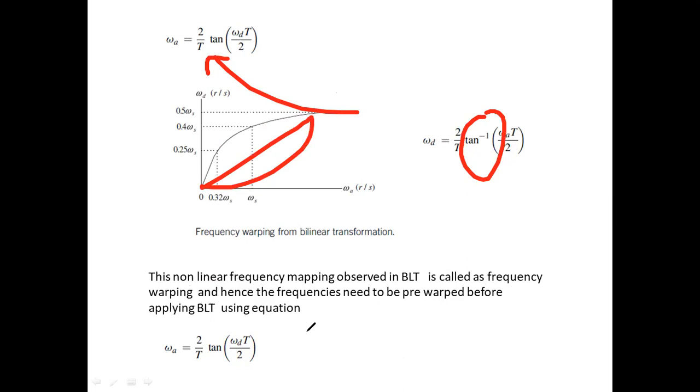Before applying the bilinear transformation, your digital frequency shall be pre-warped. Tan inverse was the problem, so how did you tackle it? By taking 2 by T tan of the digital frequency times T divided by 2. This action is called pre-warping.